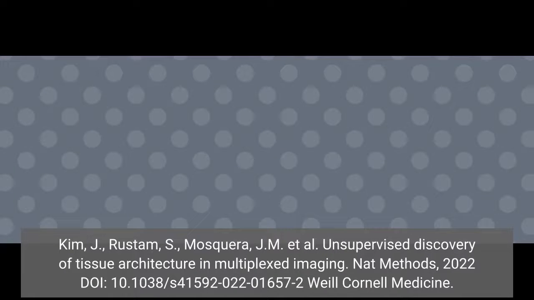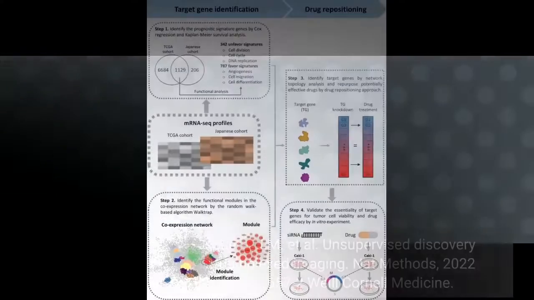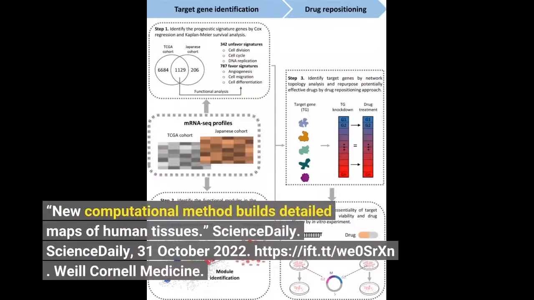Kim, J., Rustam, S., Mosquera, J. M. et al. Unsupervised discovery of tissue architecture in multiplexed imaging. Nat Methods, 2022. doi: 10.1038/s41592-022-01657-2. Weill Cornell Medicine. New computational method builds detailed maps of human tissues.